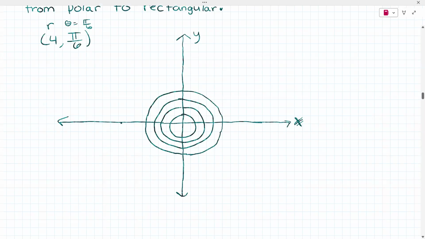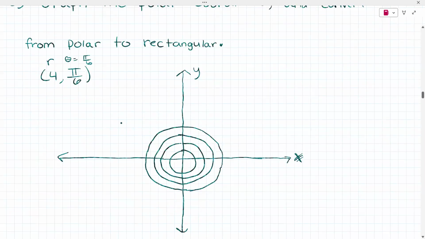We go 4 rings to the right, 1, 2, 3, 4, and then we go positive, which means you're going counterclockwise.